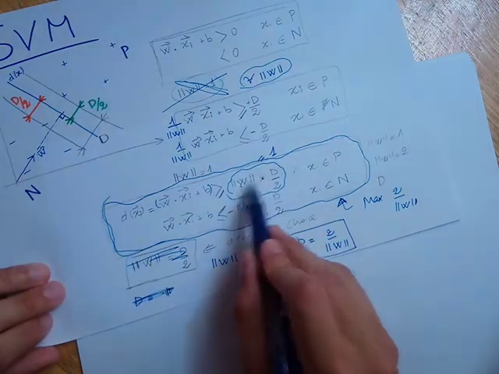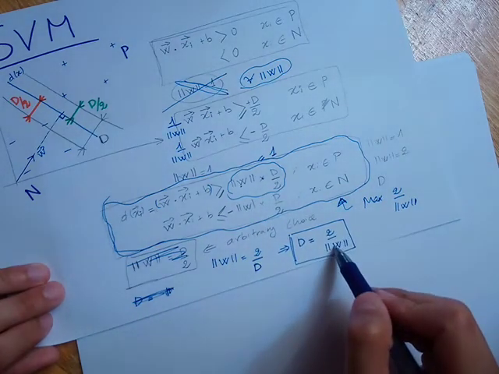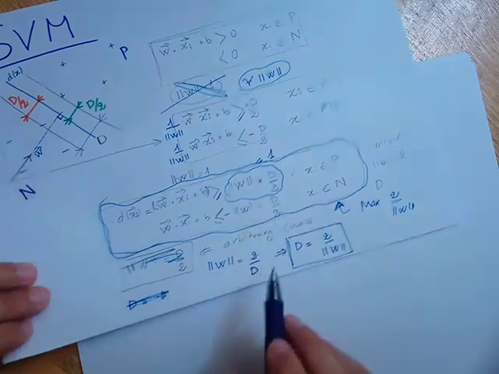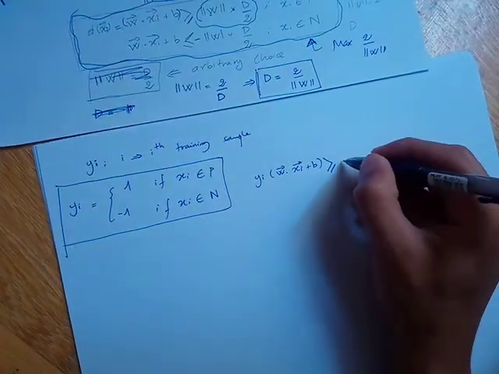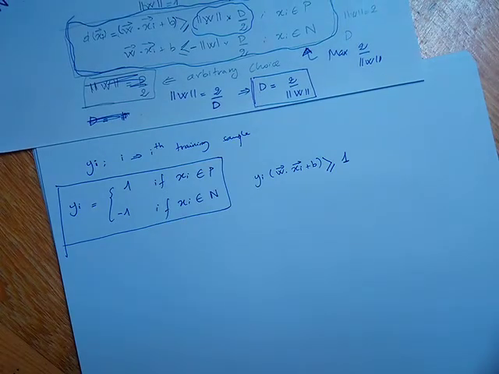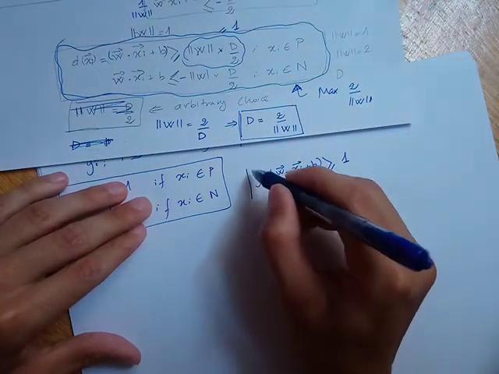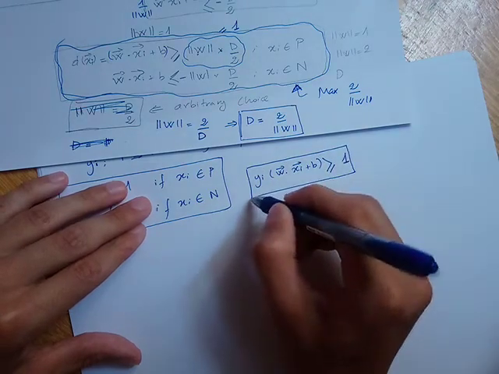So what is W? What is d? d is equal to 2 by the magnitude of W, so this thing here becomes 1. So I will get here 1. Okay? So that's it. I now have two constraints turned into one equation.